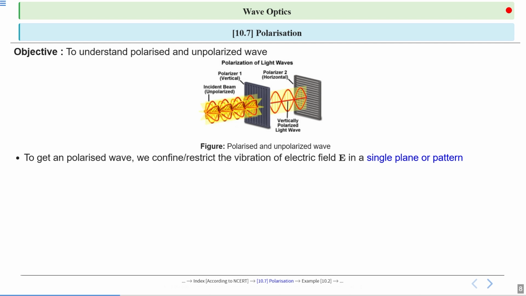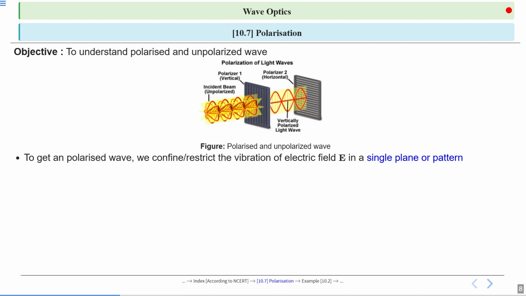So all the properties shown by light, such as polarization and diffraction, are majorly due to the electric field vector. You can see the vibrations, the oscillations of the electric field vector, are in all directions before passing through polarizer 1.